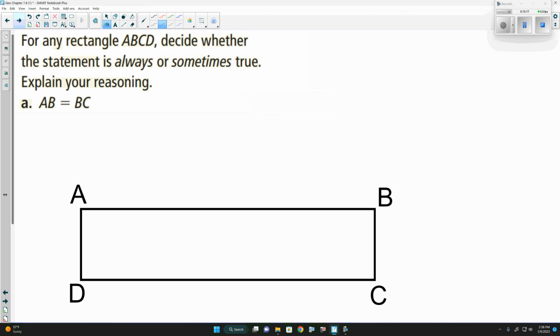Okay, now we're looking at a rectangle. I provided one on the note sheets for us. Is it sometimes or always true that AB is going to be congruent to BC?